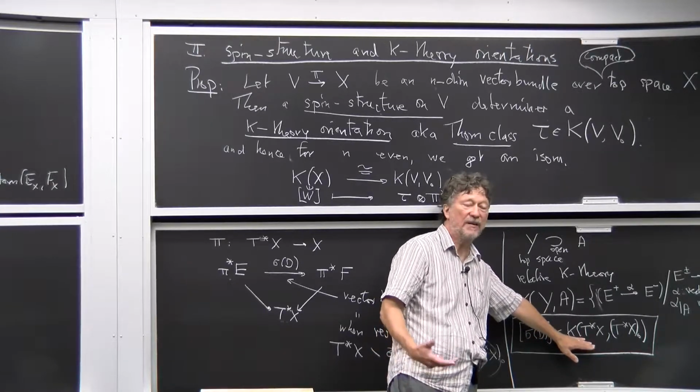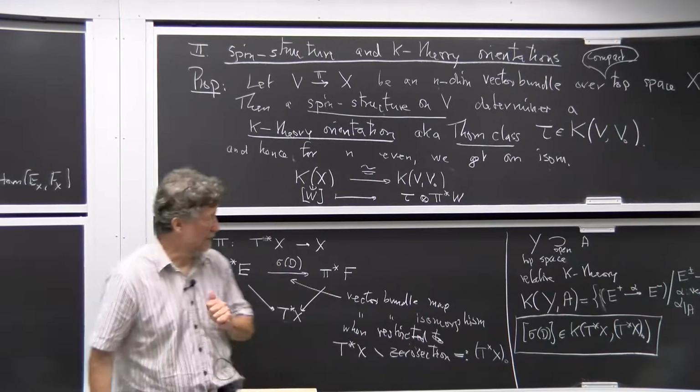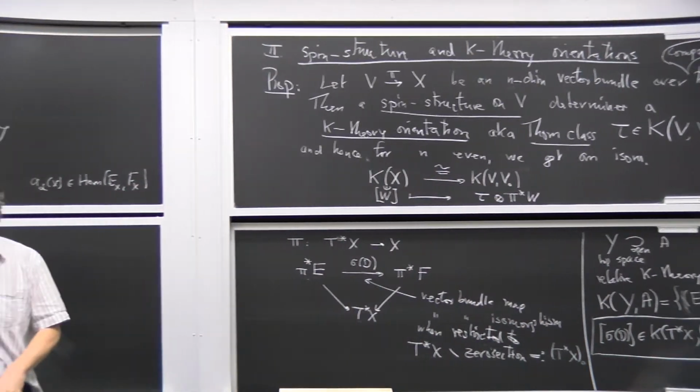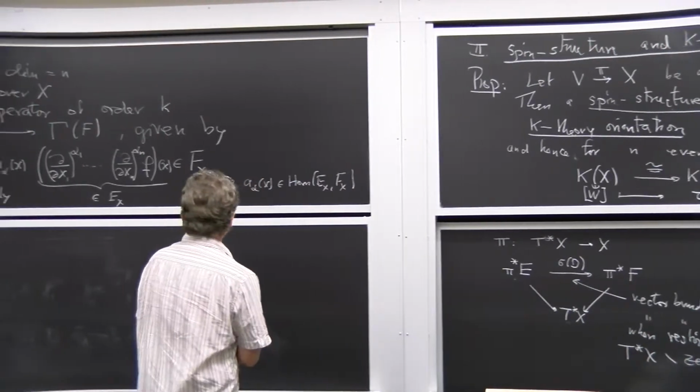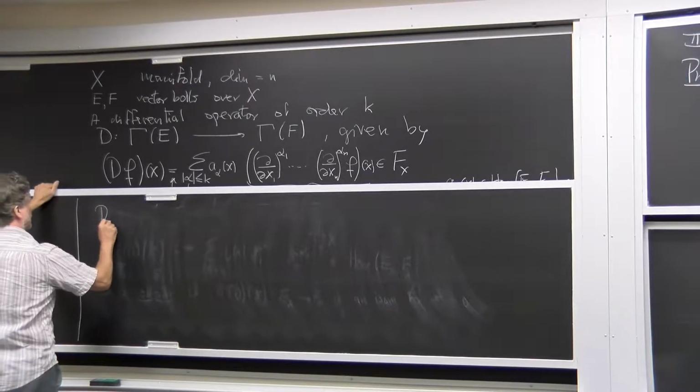Well, it's basically given by a vector bundle over our manifold. That's the purpose of this theorem, and that will take most of the talk today. All right. So, definition. What's a spin structure?